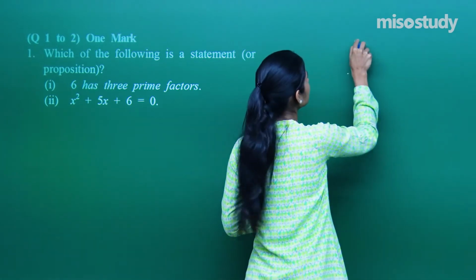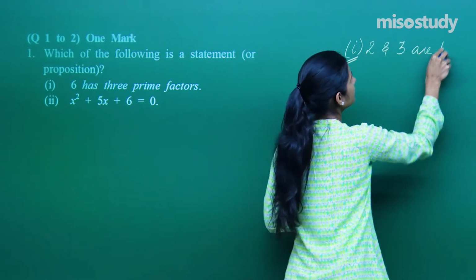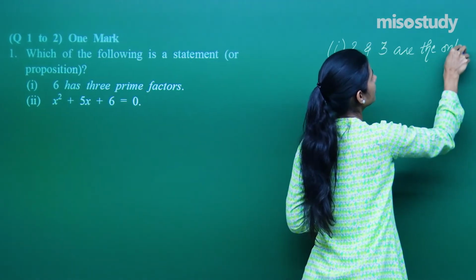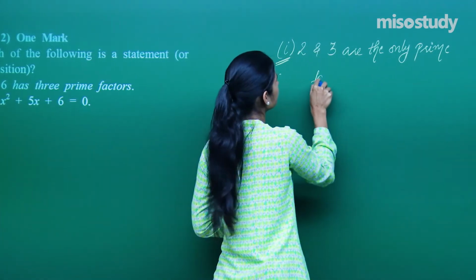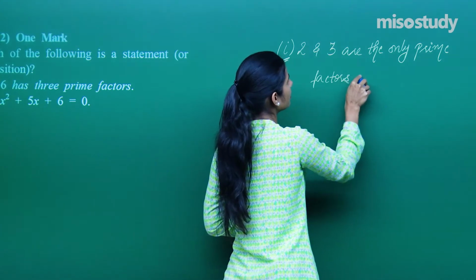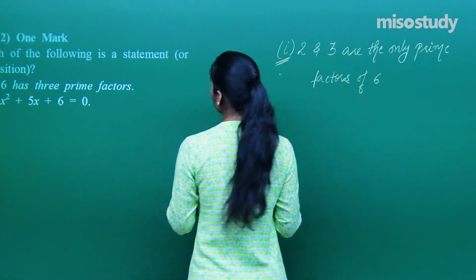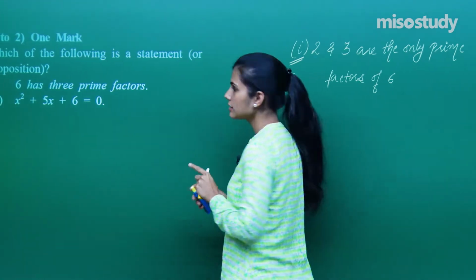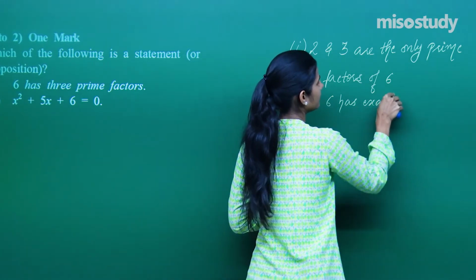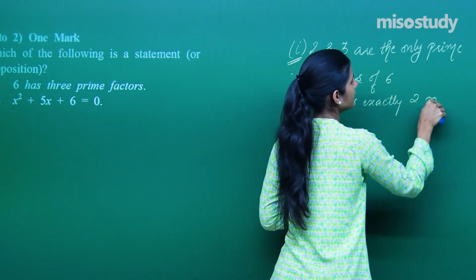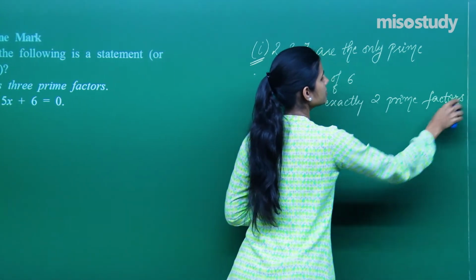So for the first sentence I can say 2 and 3 are the only prime factors of 6, and here it is written 6 has 3 prime factors. So I will say therefore 6 has exactly 2 prime factors, isn't it? 6 has exactly 2 prime factors.